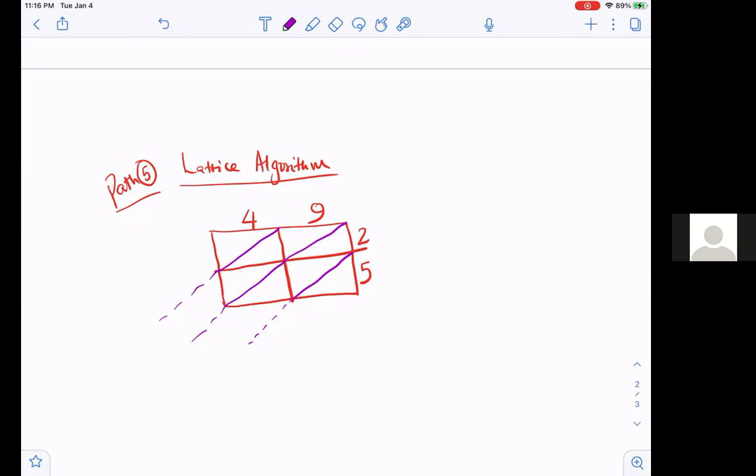So we have 9 times 2 being 18, so we show 8 here, and we show 1 above the diagonal. 9 times 5 is 45, which is 4 tens, 5 ones. We show 5 ones at the bottom of the diagonal and 4 tens on the upper side of the diagonal.